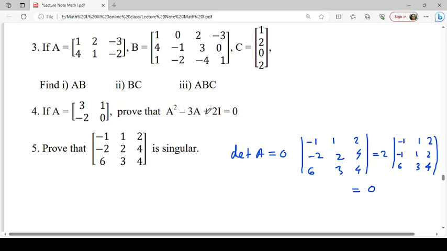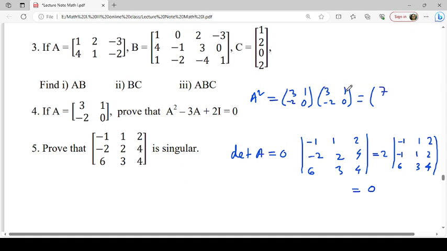Is A square minus 3A plus twice I, where I means the unit matrix? So this is A square. A square is 3, 1, -2, 0 into 3, 1, -2, 0. What is this? 9 minus 2 is 7.